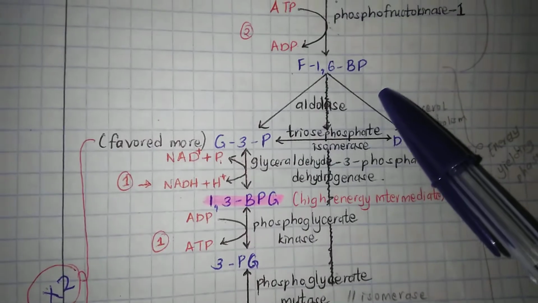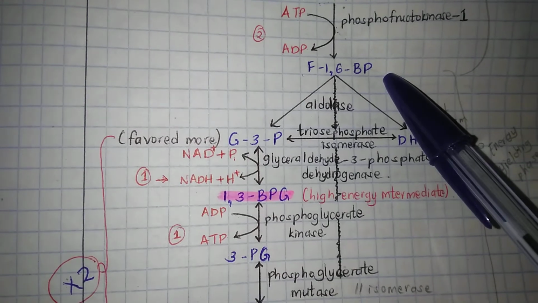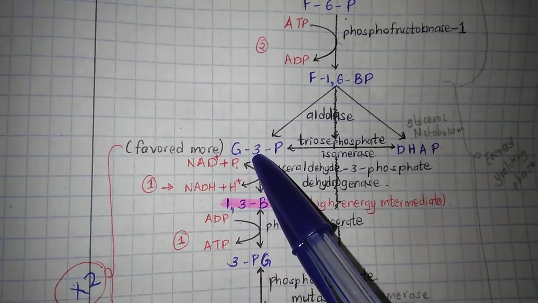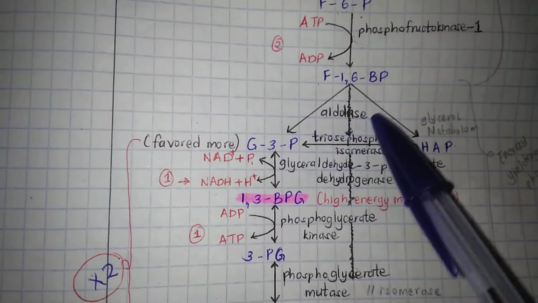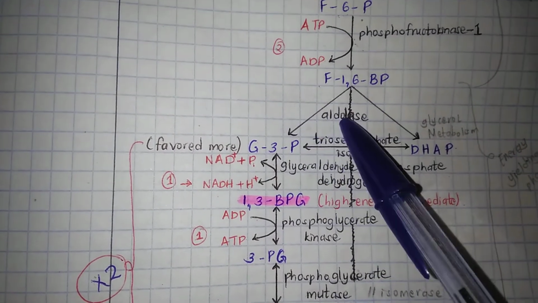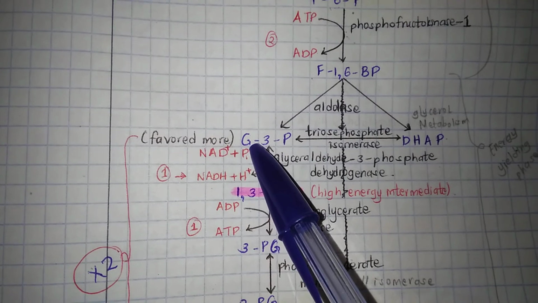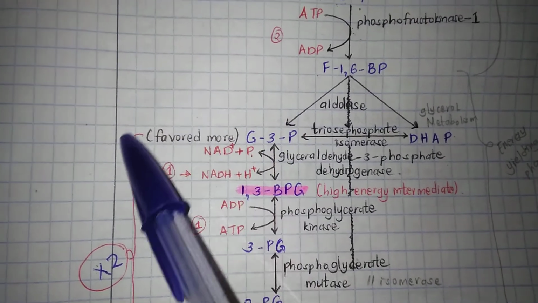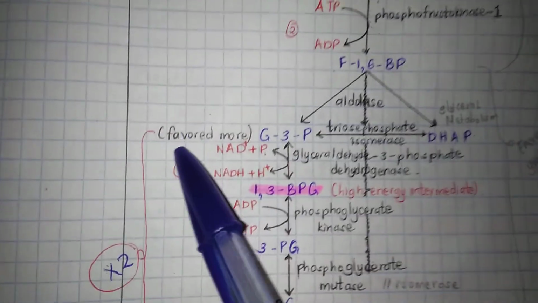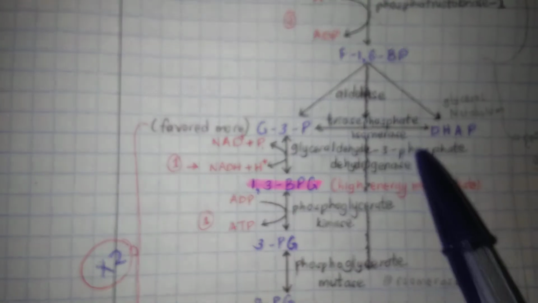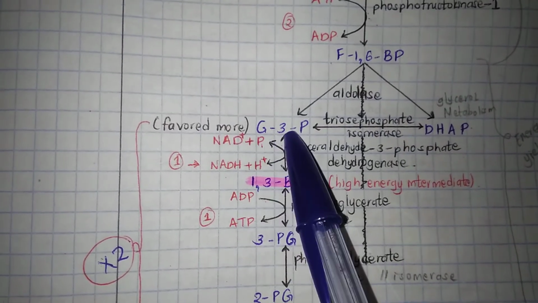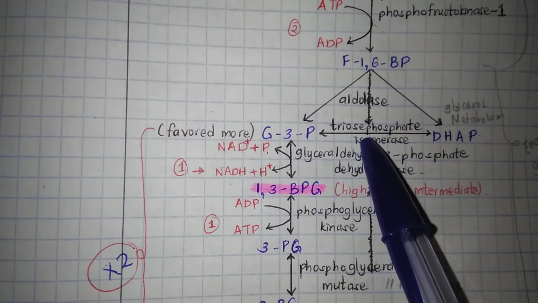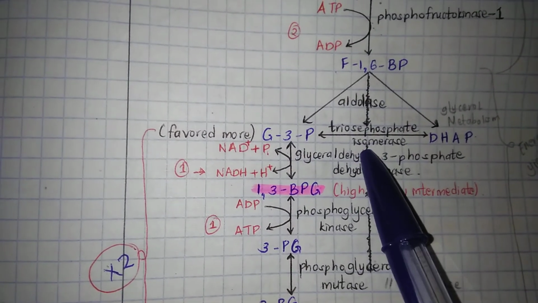Fructose 1,6-bisphosphate is usually converted to glyceraldehyde 3-phosphate and dihydroxyacetone phosphate, catalyzed by the enzyme aldolase. However, glyceraldehyde 3-phosphate is usually the favored one. It's the loved child. So dihydroxyacetone phosphate is usually converted to glyceraldehyde 3-phosphate using the enzyme triose phosphate isomerase.